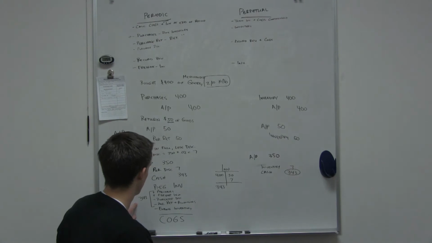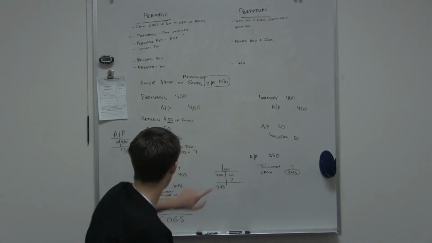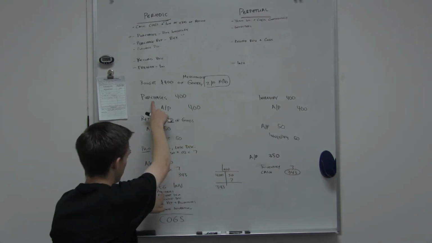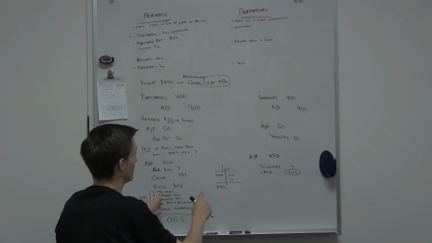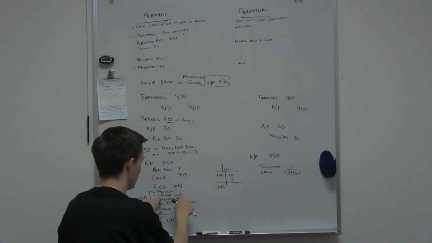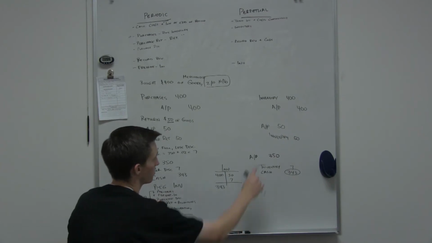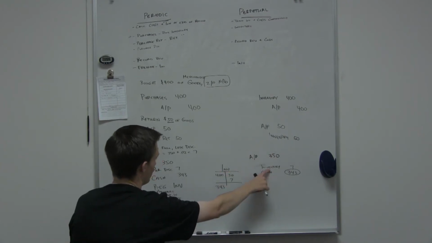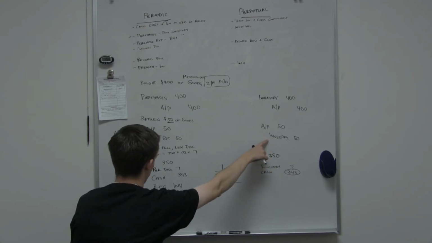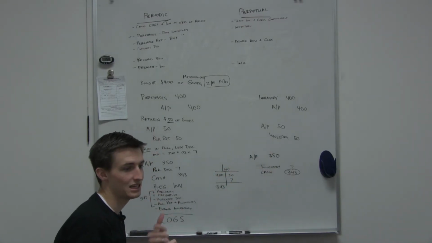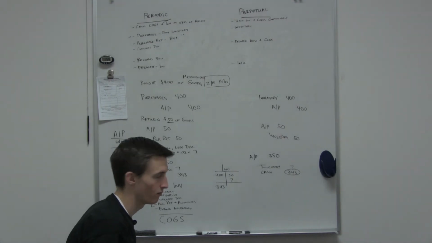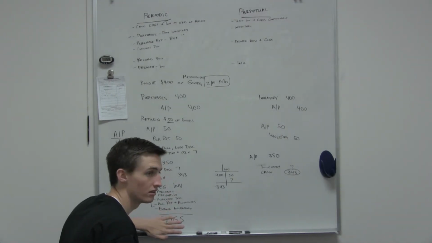But look, inventory was our purchase, so there's our 400. Freight, we didn't do a freight, but it would be if we had. Purchase discounts, here's the discount right here. We got rid of it. Purchase returns, we got rid of it. So basically it's the exact same thing, but we're just doing this at the end.